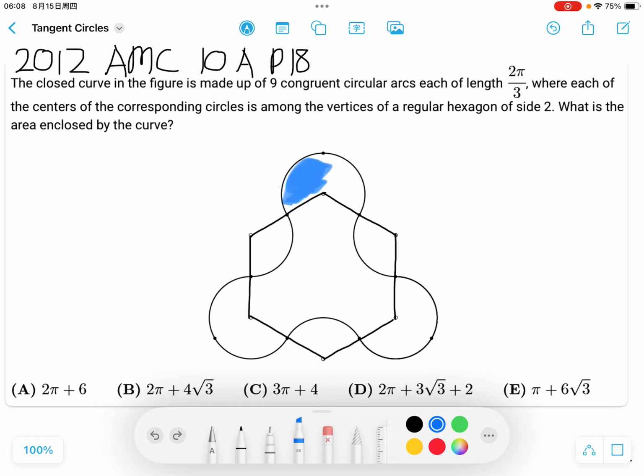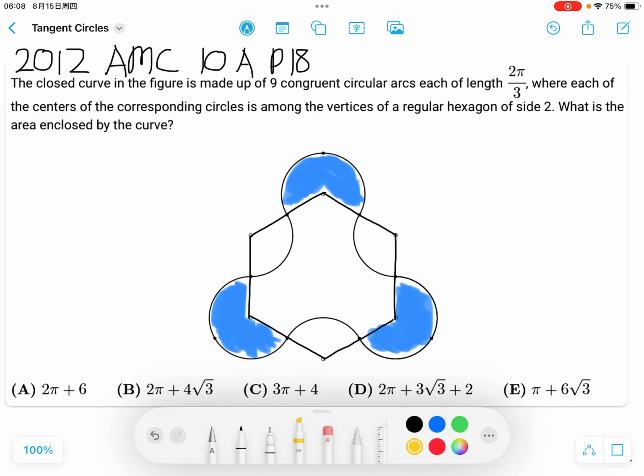areas outside of the hexagon, like this one, and the other 2 areas like that. The 3 blue areas are actually congruent. And then we can figure out the area inside the hexagon.